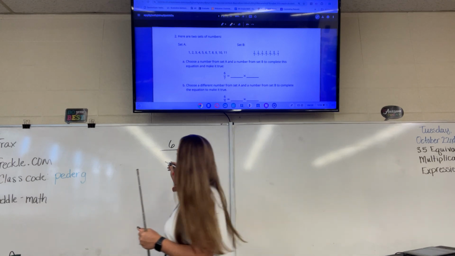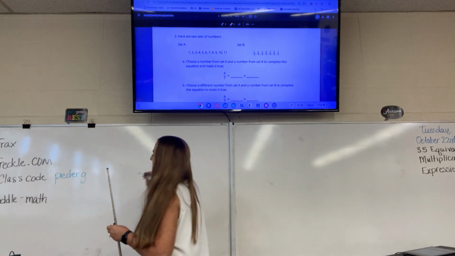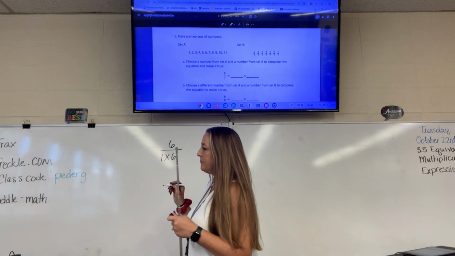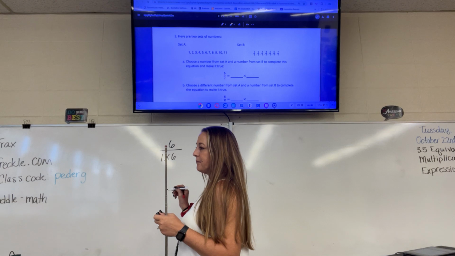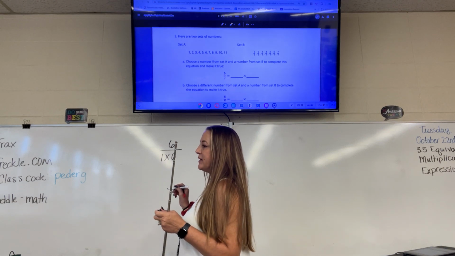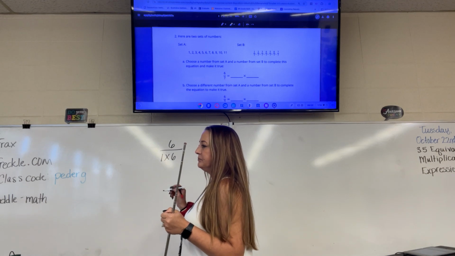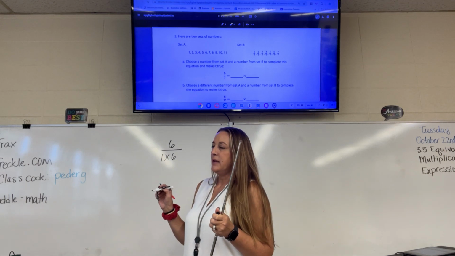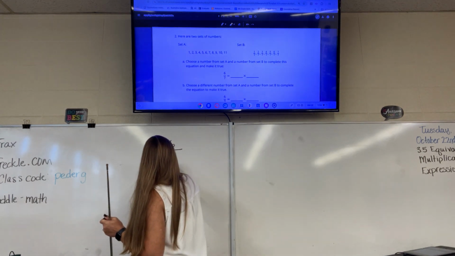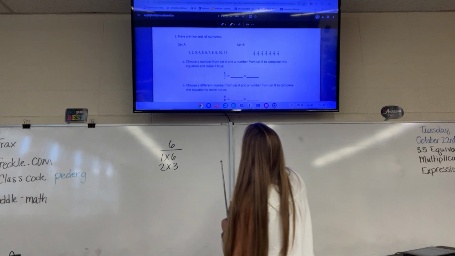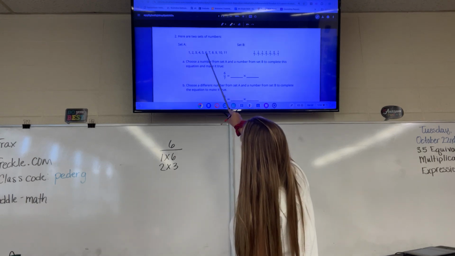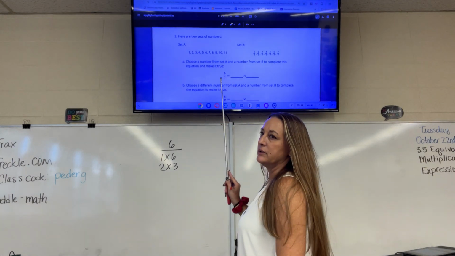Jackson Chambers. 1 times 6. What's the other factor pair for 6? What do you multiply together to get 6? Emma? 2 times 3. Yes, 2 times 3. Okay? And that's all of them. So we see a 1, a 2, a 3, and a 6. So these are our whole numbers.